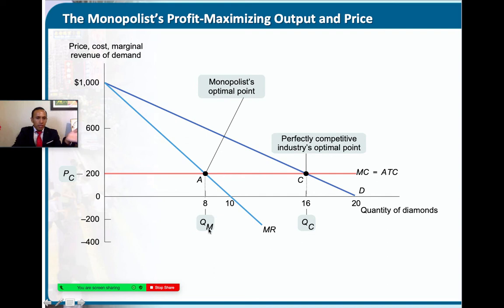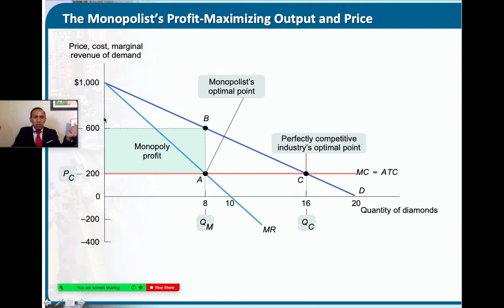The monopoly quantity will be 8 units. It produces 8 units, which is half as much as competitive industries, a lot less. And now it has the power to set a market price, which in this case is $600.